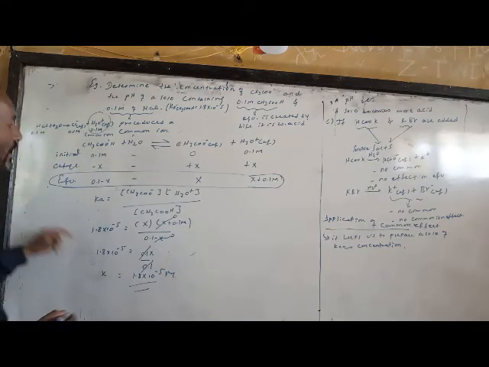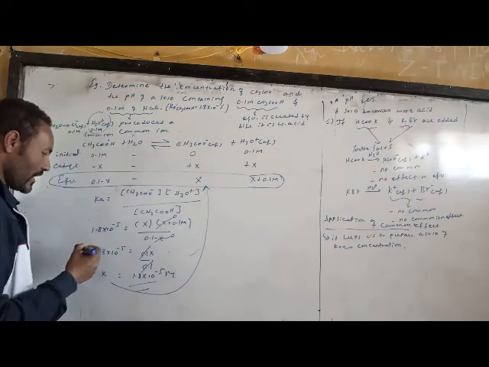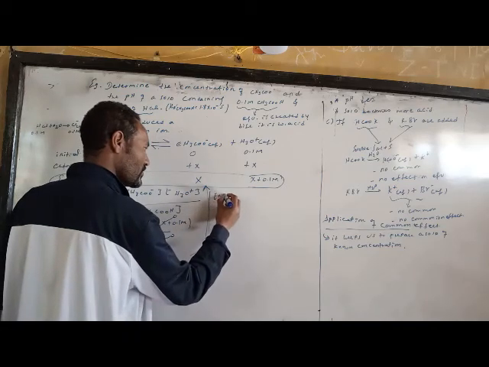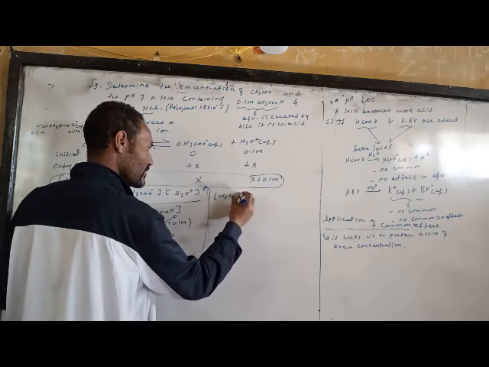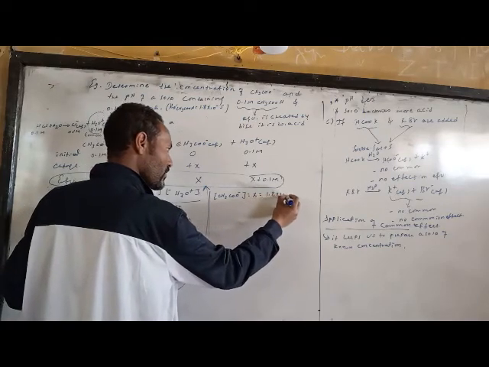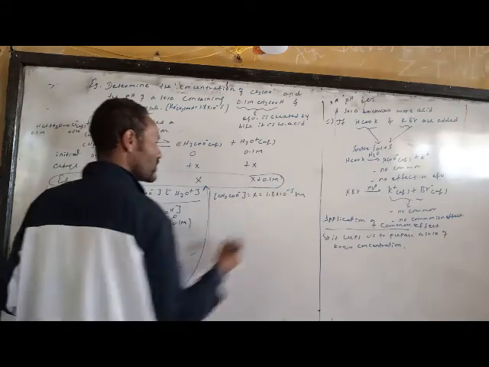X is the concentration of acetate ion. So the concentration of acetate ion is found to be x, equal to 1.8 times 10 to the power minus 5 molar. This is the concentration of acetate.